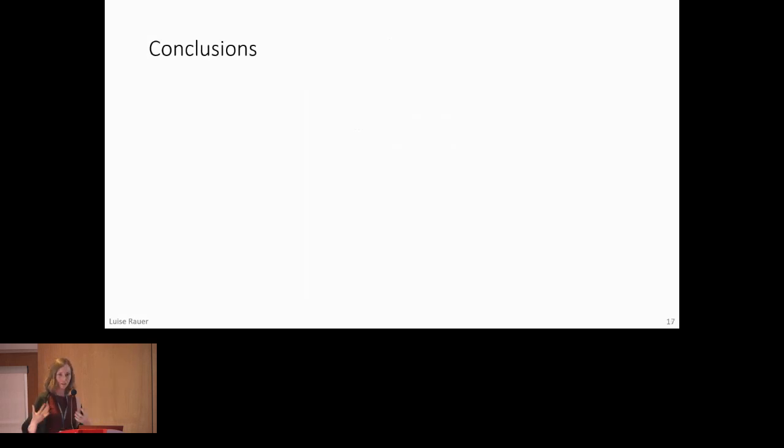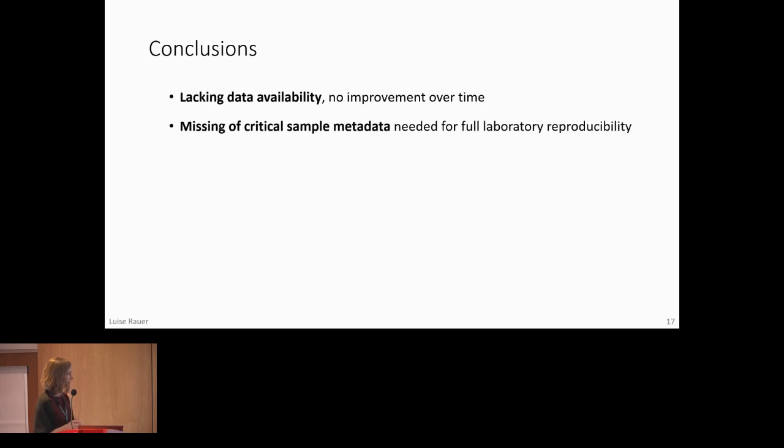But basically, to summarize this project, we first found that there's really lacking data availability in terms of the data that has been deposited, and there's no improvement over time at the moment. Second, we are also missing critical sample metadata, both for us to do the study and that would be needed for full laboratory reproducibility.